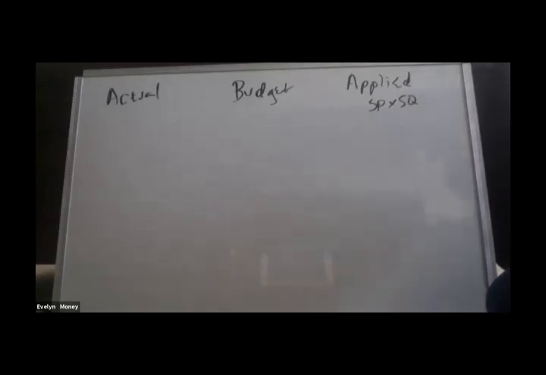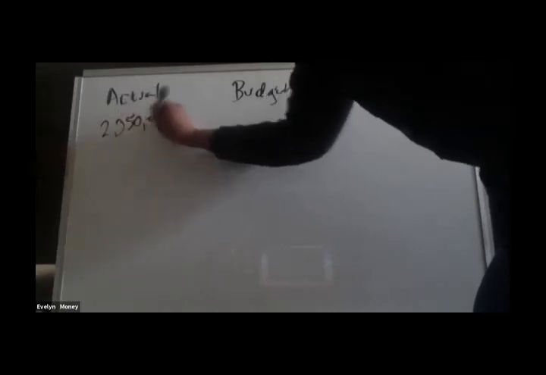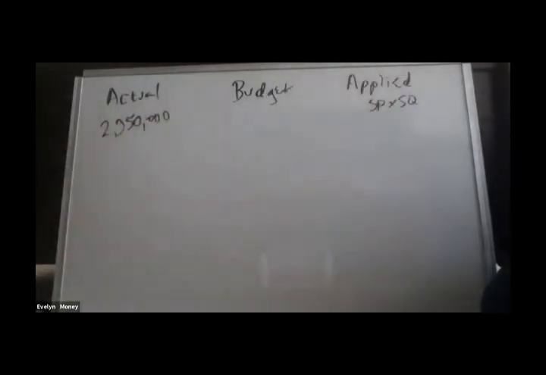So that makes life a little bit easier there. So for the actual numbers for fixed overhead, I take the numbers given to me exactly from the problem. So that 2,350,000 is there. The budgeted number comes directly from the very first table on page 905.